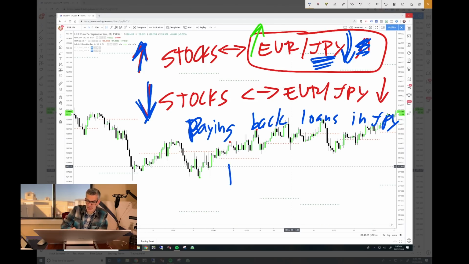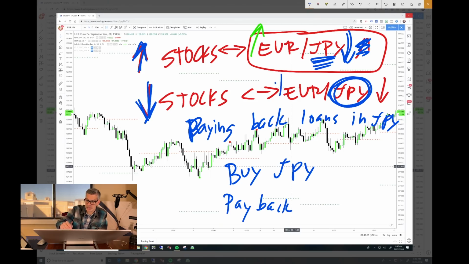And so they buy JPY, yen, and they pay back loans. And that buying of the Japanese yen means the euro is going down and the Japanese yen is going up, and the euro yen falls at the same time stocks fall.